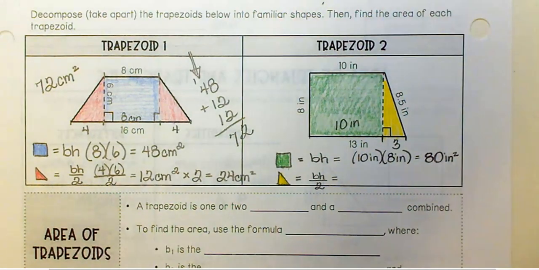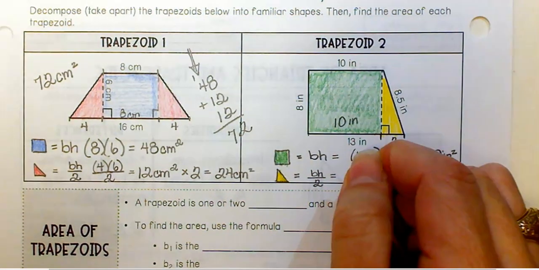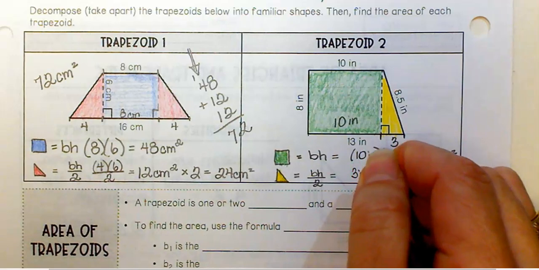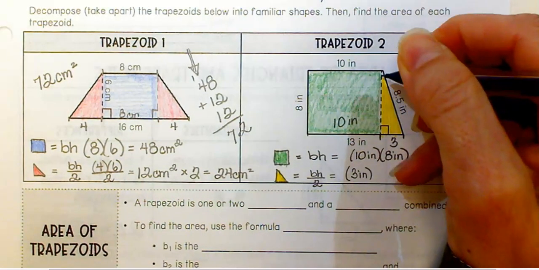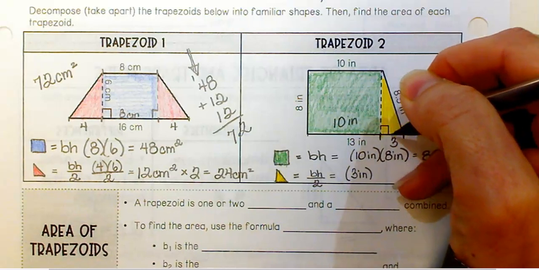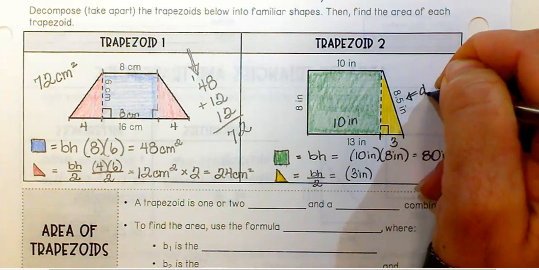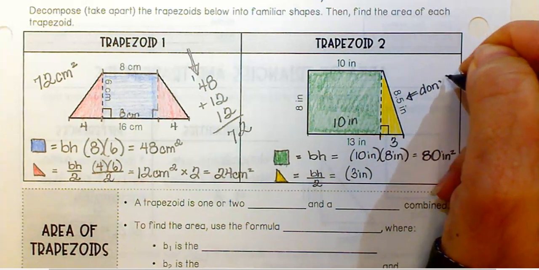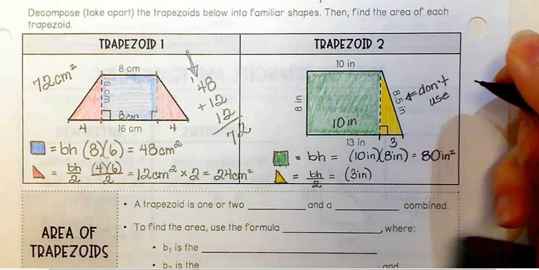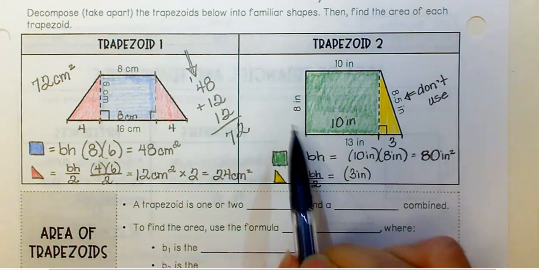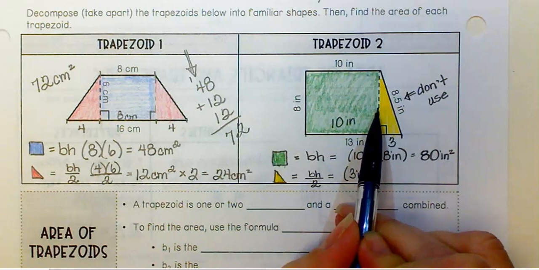All right, on our triangle, we have a 3-inch base. And then careful here, here's our height right here. Remember, our height always has to be perpendicular to our base. Do not use this number, because that is not our base or our height. Our height is actually 8. 8 over here, that means it's going to be 8 over here also.